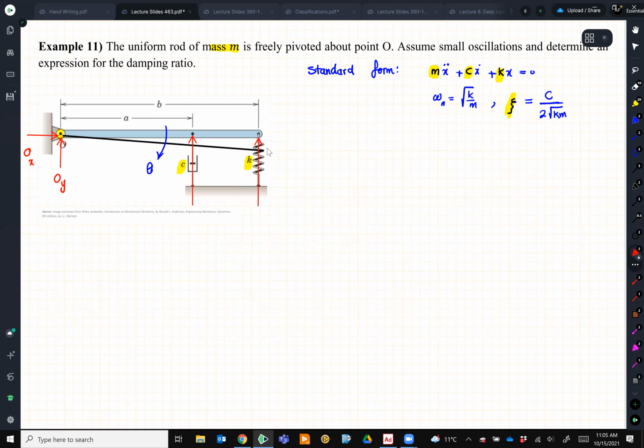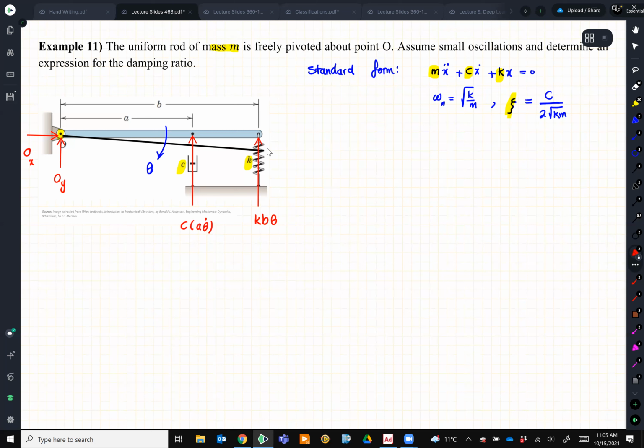And the force by the damping is the coefficient multiplied by the speed at that point, which, because of the small motion, I can assume is a theta dot. Because the length is a and the speed of rotation is theta dot, it is c a theta dot. The same goes for k, except for k it is just a displacement, k b theta.